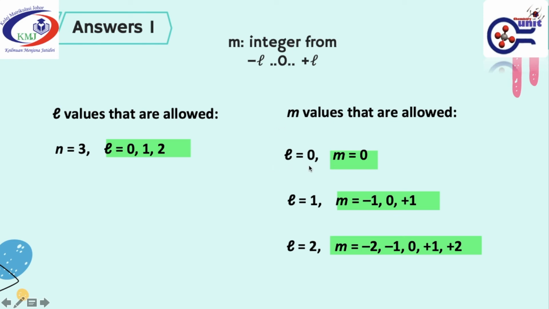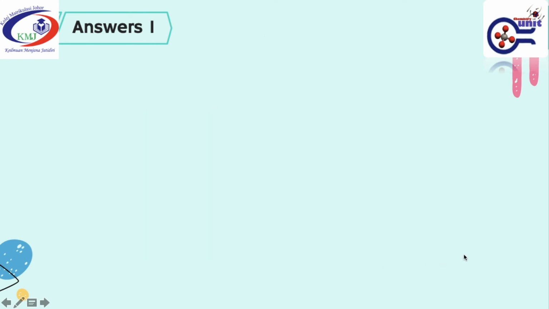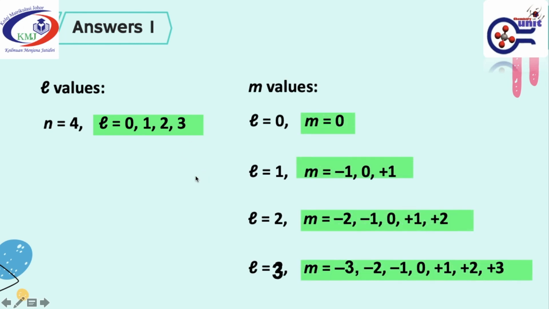So when L is equal to 0, m is equal to 0, L is equal to 1, m is equal to negative 1, 0, positive 1. And when L is equal to 2, m is equal to negative 2, negative 1, 0, positive 1, and positive 2. For n is equal to 4, the L values are 0, 1, 2, and 3. The m values for when L is equal to 0 is m is equal to 0.